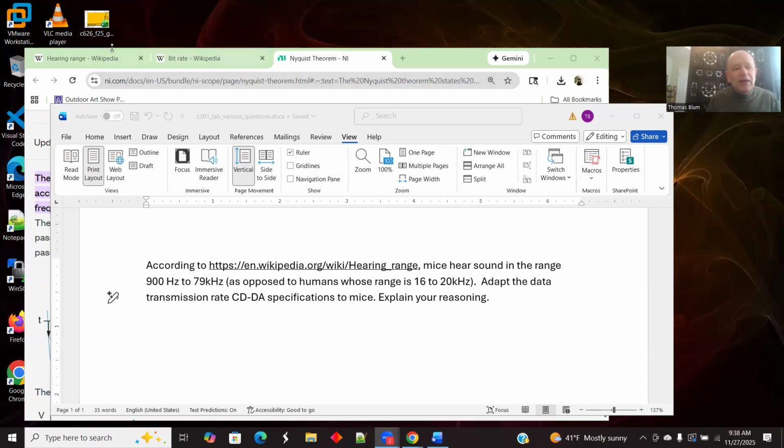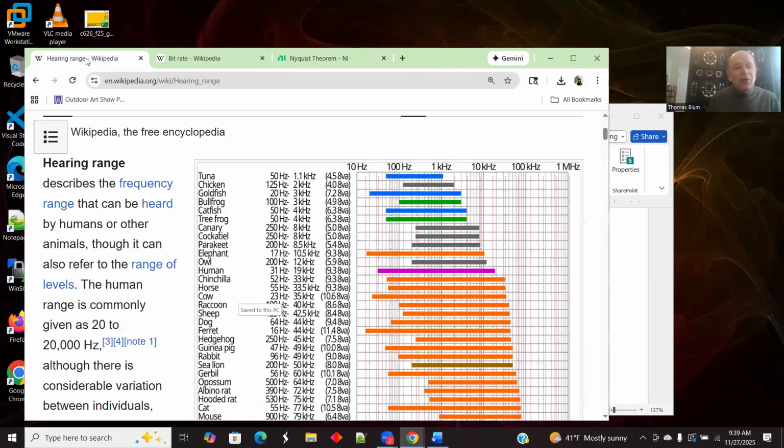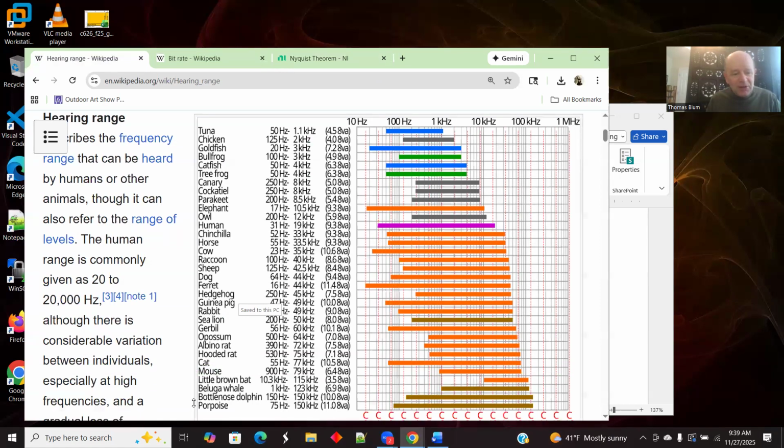So we need to know about the CD specifications. We need to know something about mice. Okay. So here's the information I gave in the problem. This is showing that down here, low in the picture, a mouse has that range, this is where I got that 900 to 79 kilohertz.